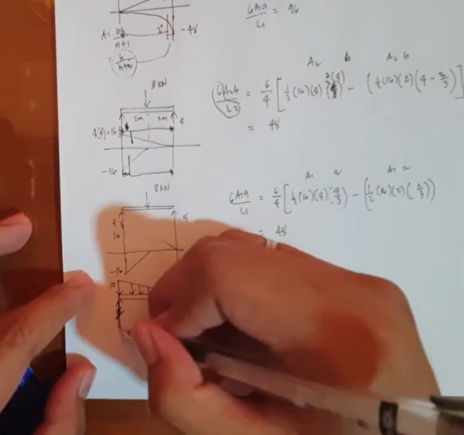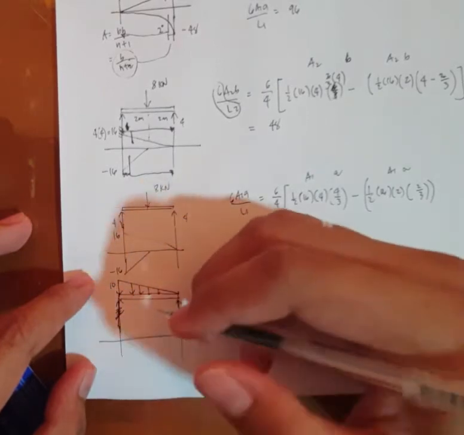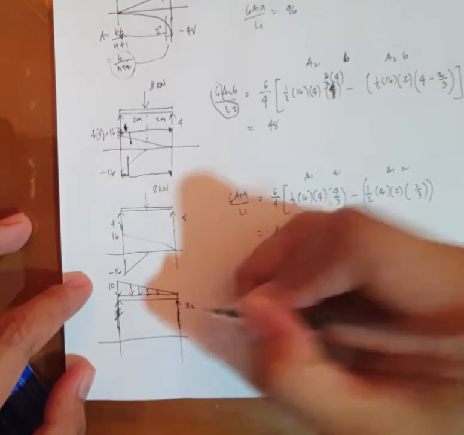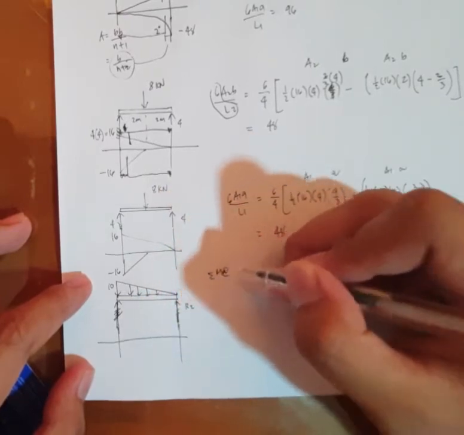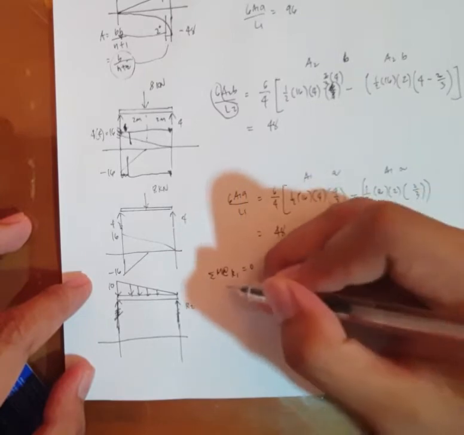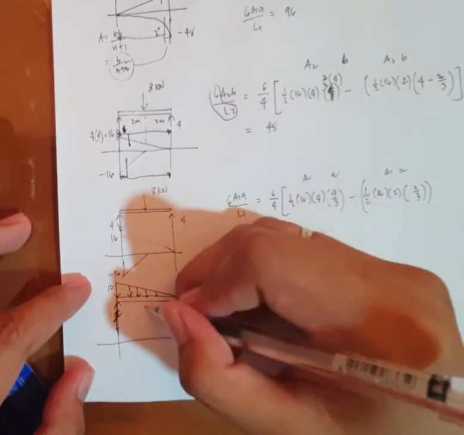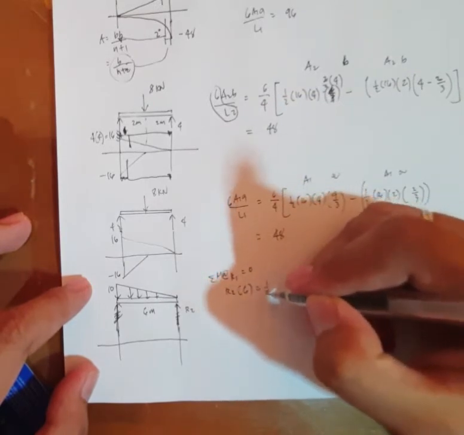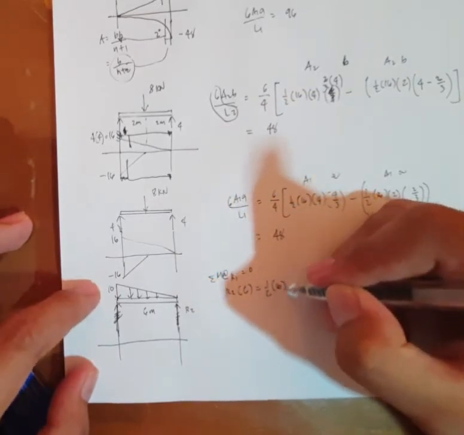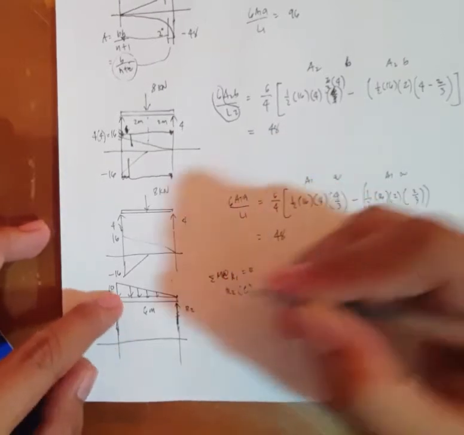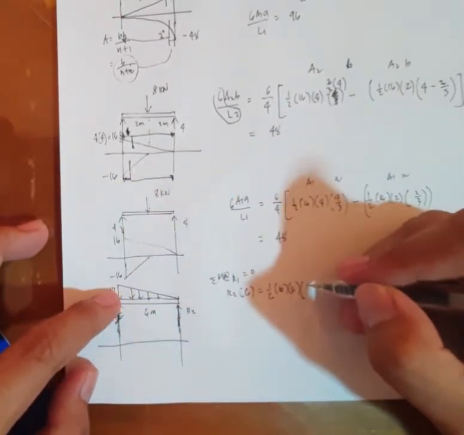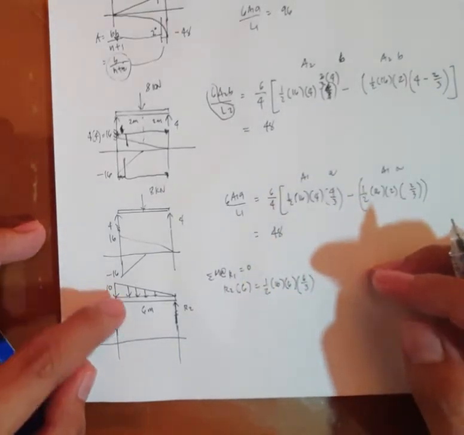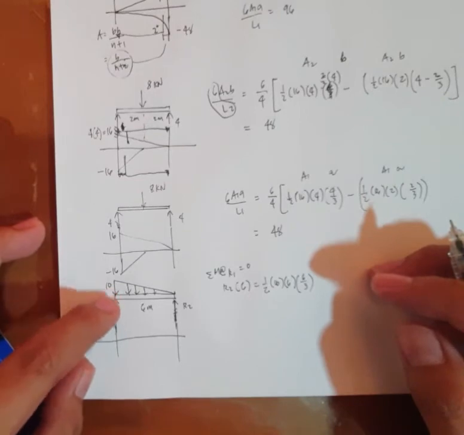how much is R2? Summation of moment at R1 equals 0. R2 times 6 meters. R2 times 6 is equal to 1/2 times 10 by 6 then 1/3 of your 6, the centroidal distance from the point of rotation.